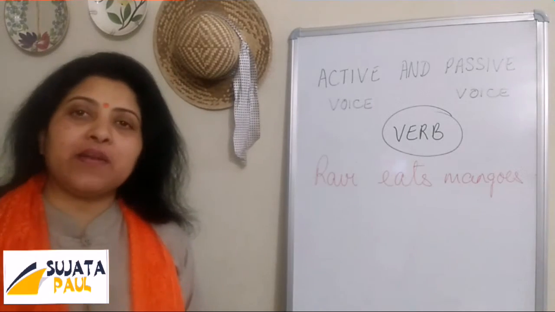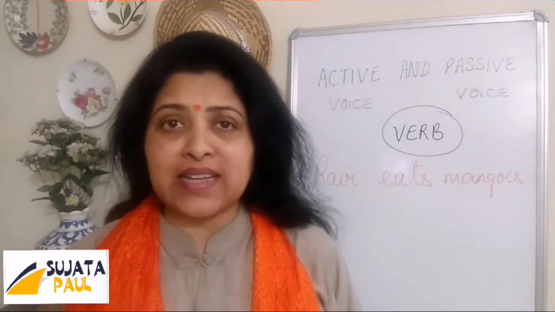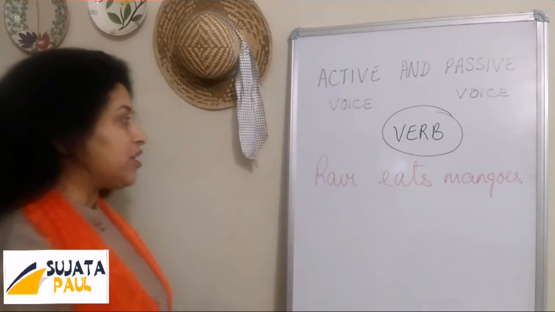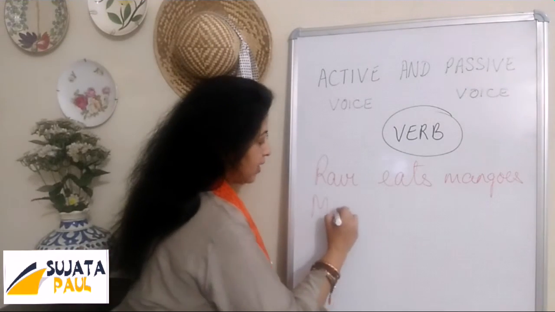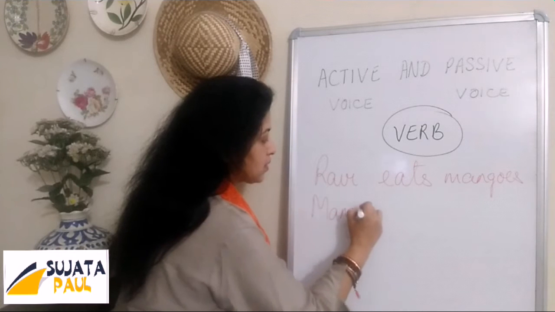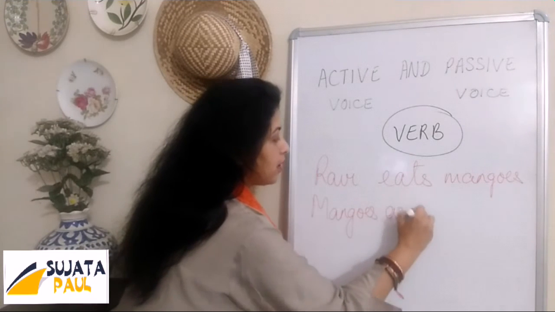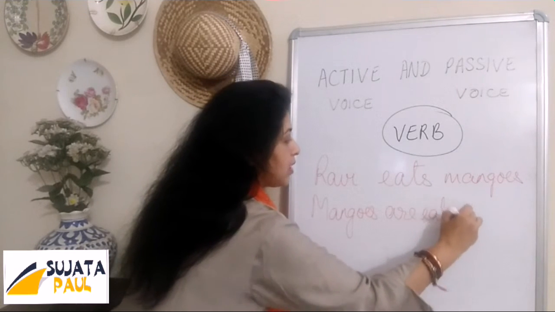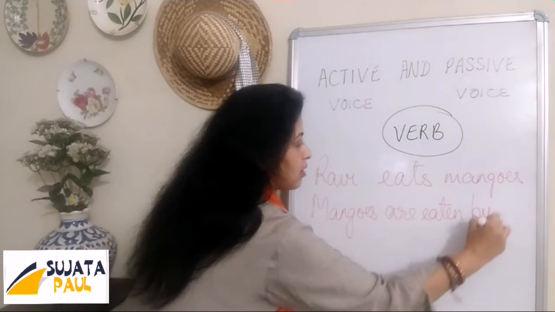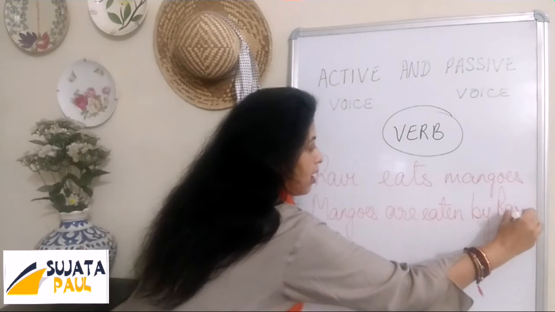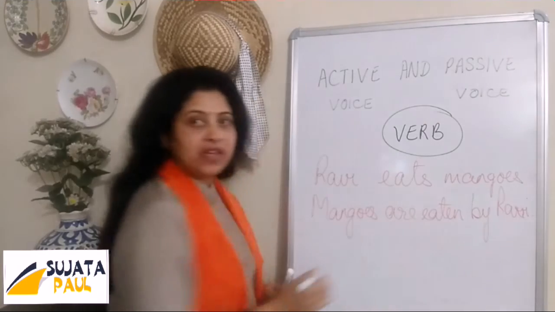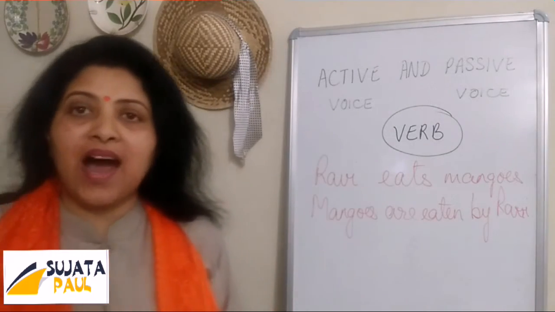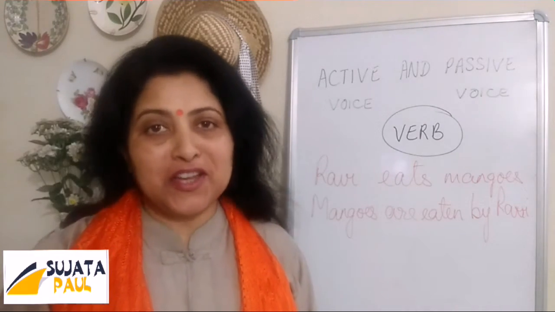So in active and passive voice, the meaning does not change. Let's see what I mean. Can I say that mangoes are eaten by Ravi? Mangoes are eaten by Ravi.